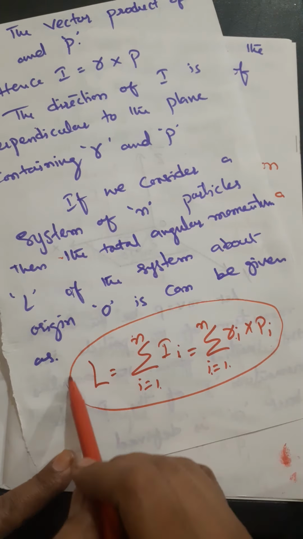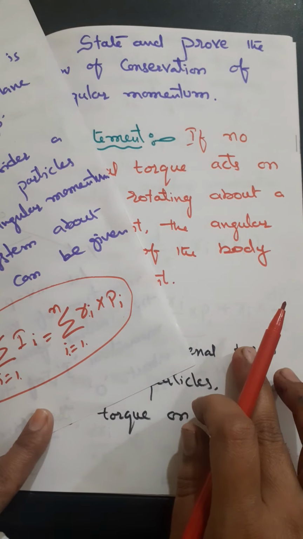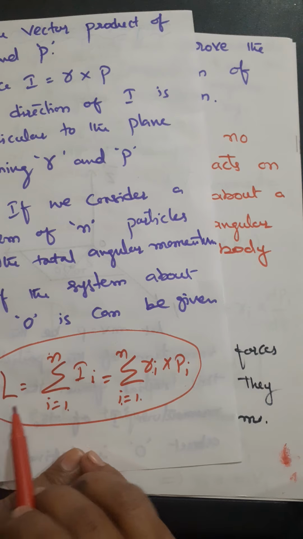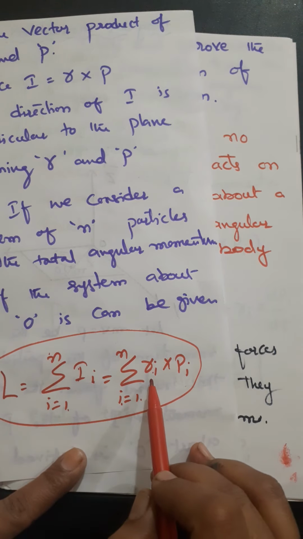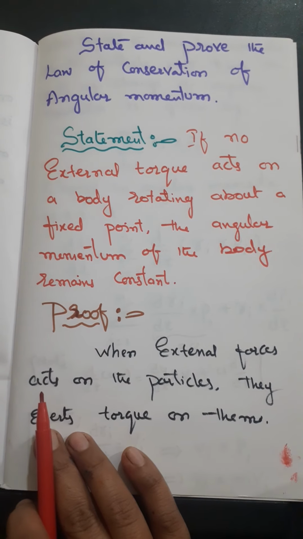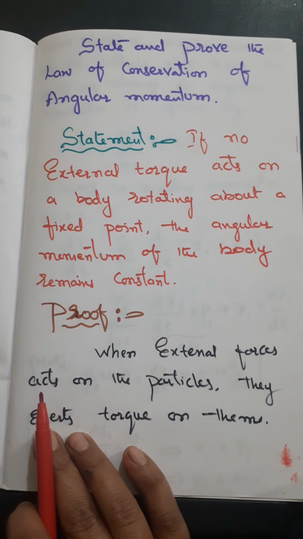We are going to utilize this equation in this particular theorem. Here the angular momentum is the product of position vector and linear momentum. You remember this point.